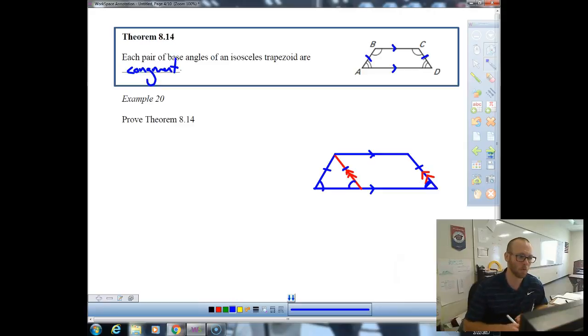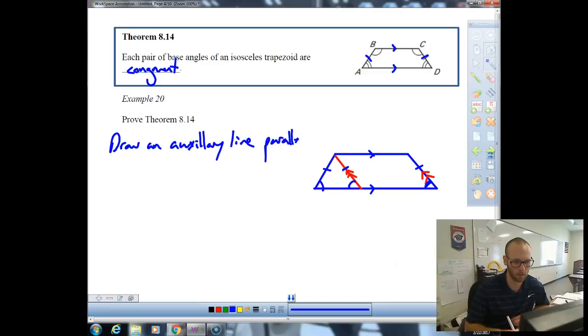Okay. So, what should we write down here? I'm not going to say that we need to do the full two-column proof or a full paragraph proof, but let's just describe a little bit of our process of proving it. Draw an auxiliary line parallel to one of the legs.